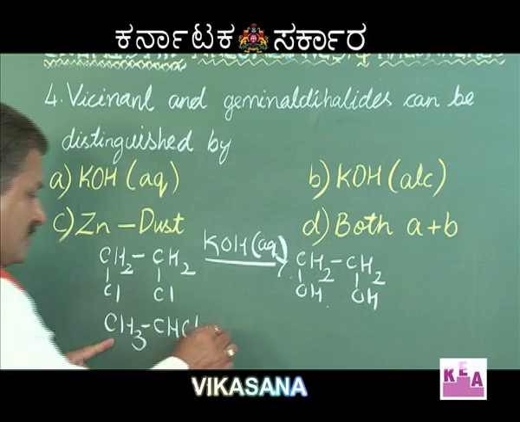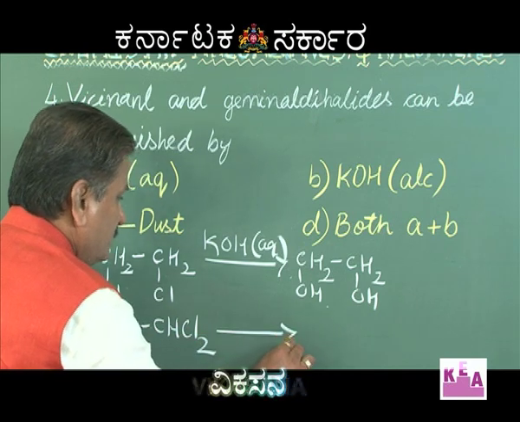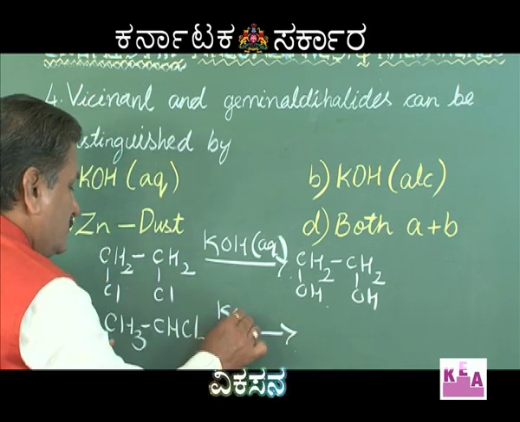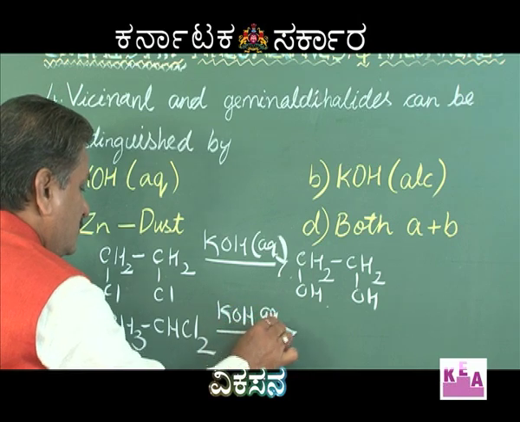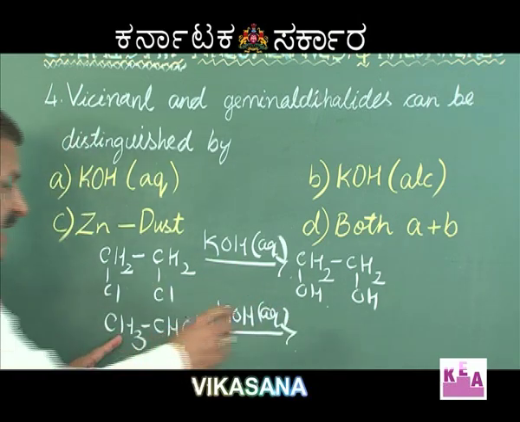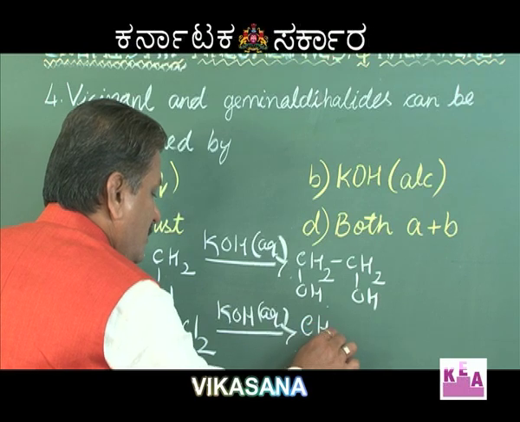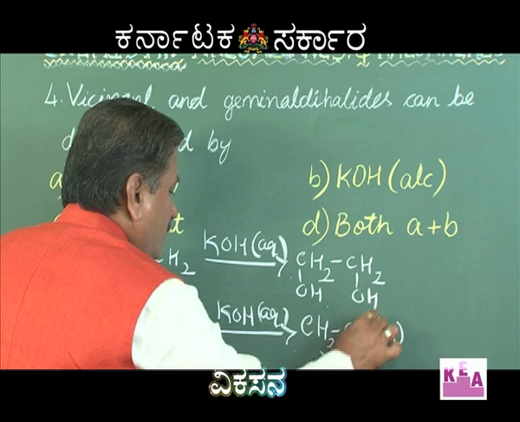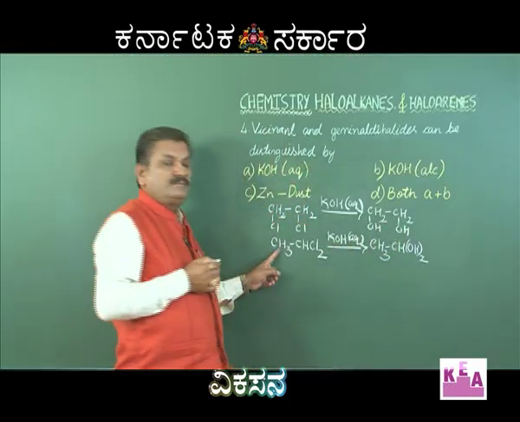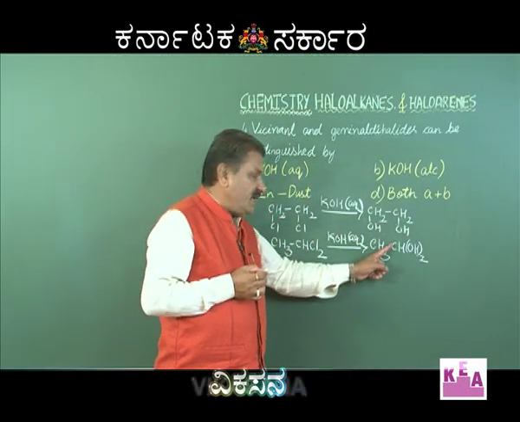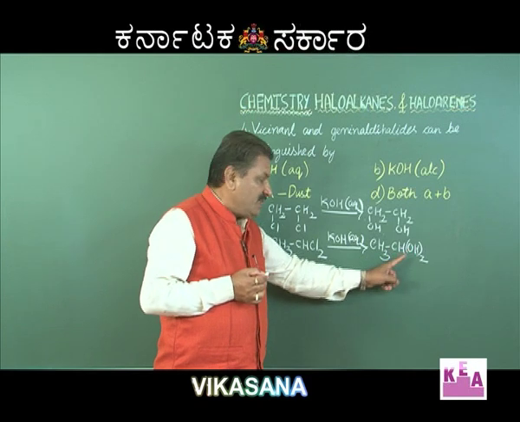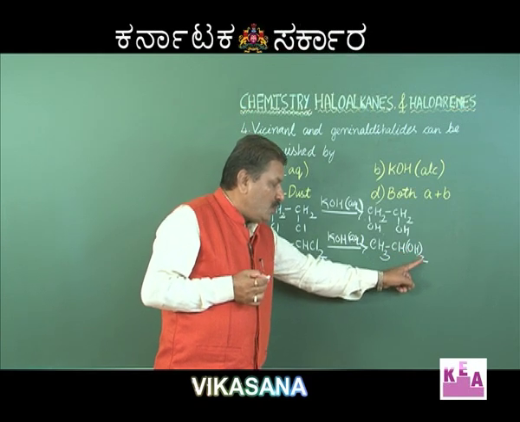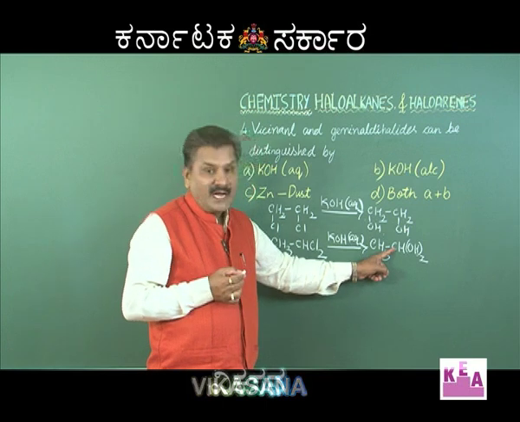Same thing happens here also. Here we get CH3CH(OH) twice. But the problem with this is the two OH groups are attached to the same carbon atom.